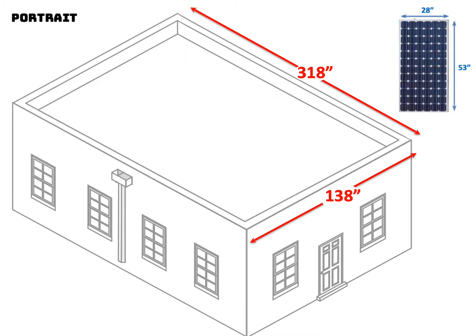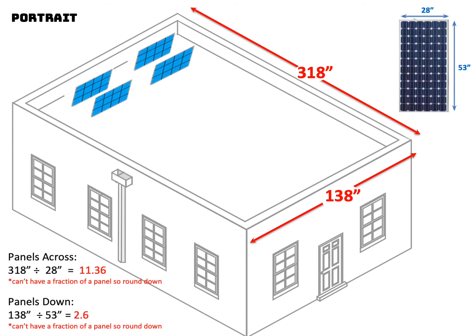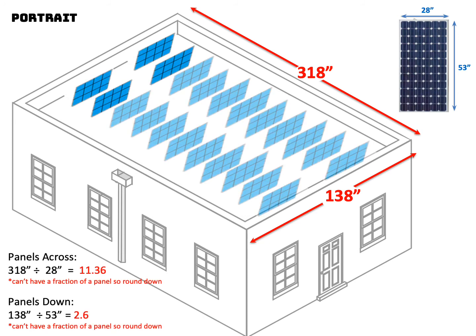Now we will figure out how many of these solar panels fit in portrait position on the roof. After doing our calculations, we find that 11 panels fit the length of our roof and 2 panels fit the width of our roof when the solar panel is in portrait.